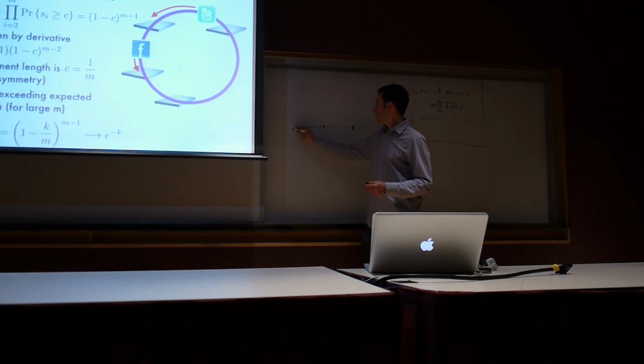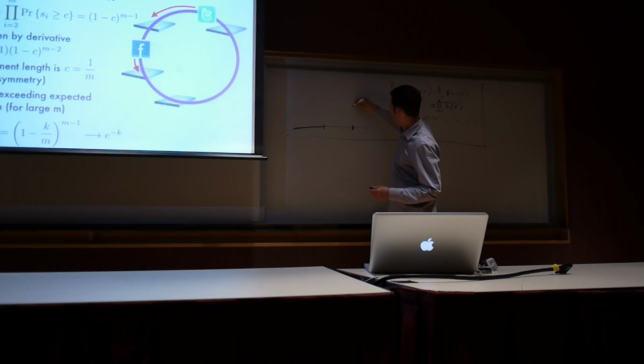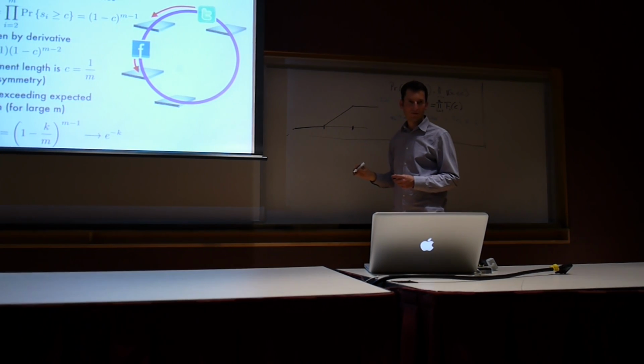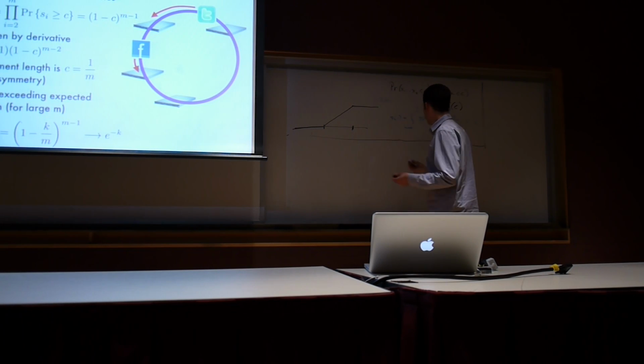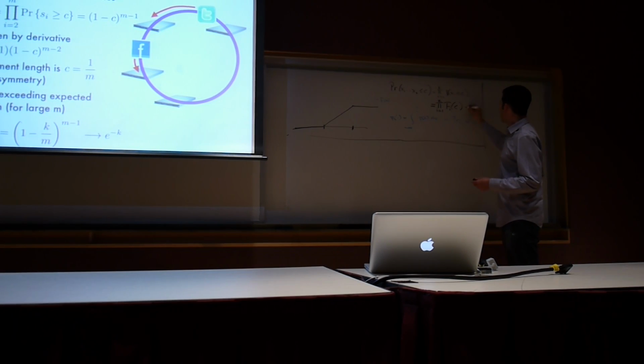Everything below has probability 0. Up here we need to have probability 1 because nothing's ever going to come to the right. And since it's a uniform distribution, the CDF is going to be linear.